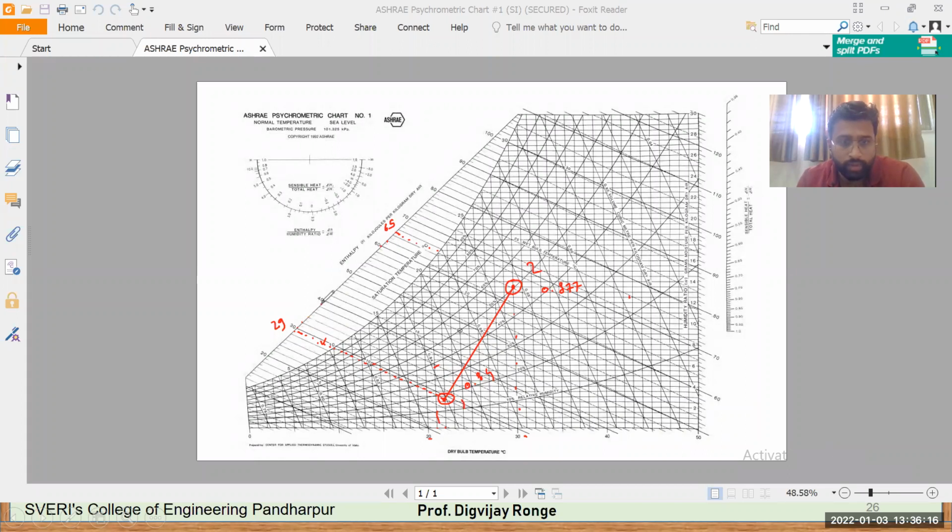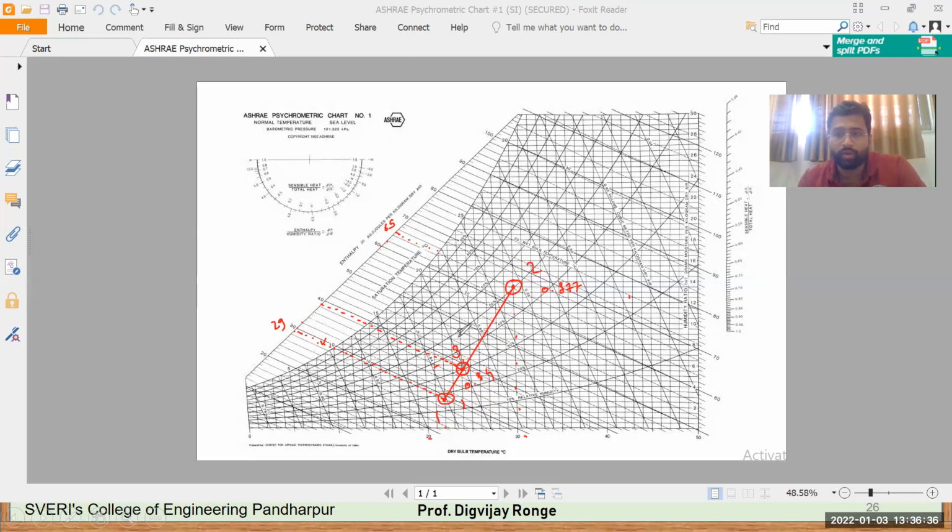So here it is 38.5. So I have to again go parallel to these inclined lines. So somewhere I will get my value, and here is the point number 3. So this is the point number 3, right?